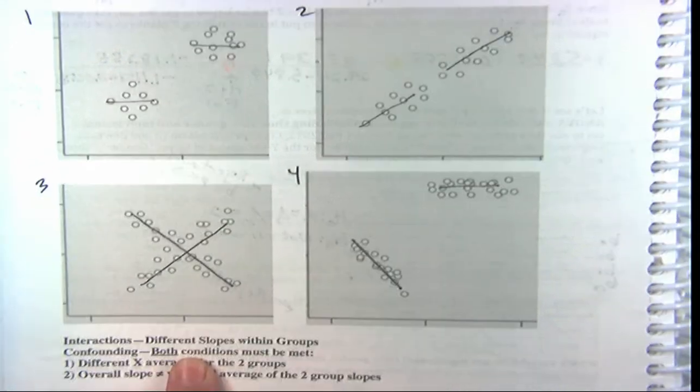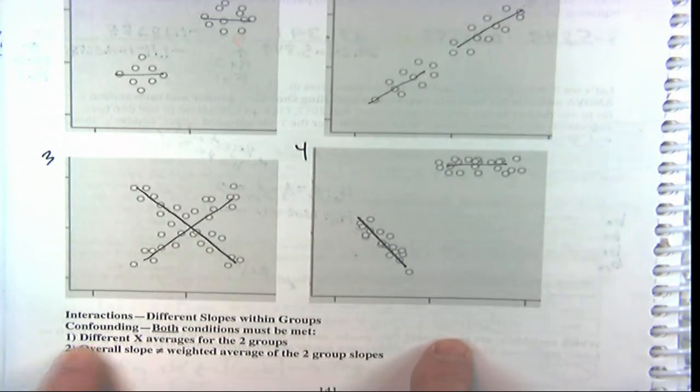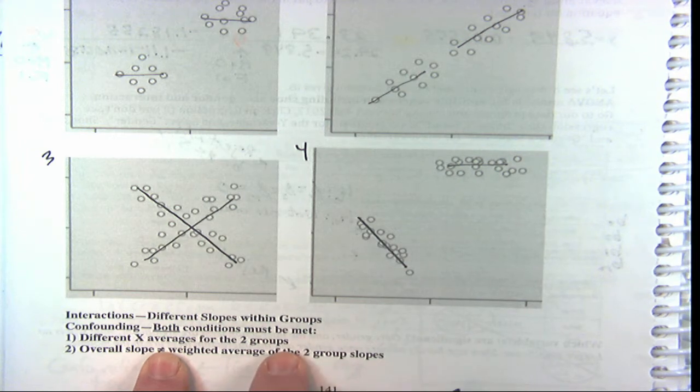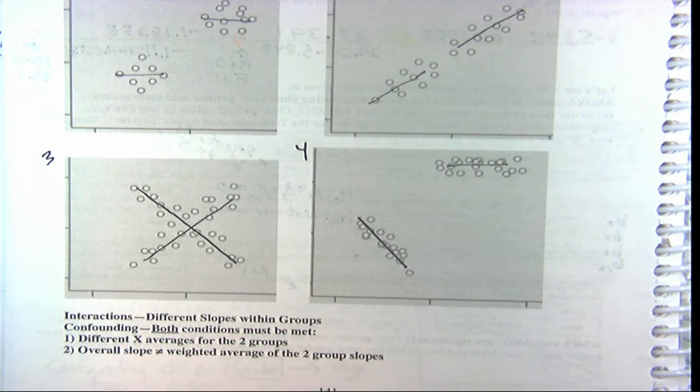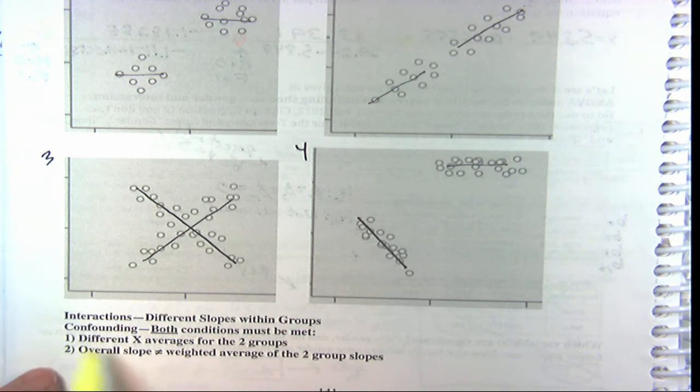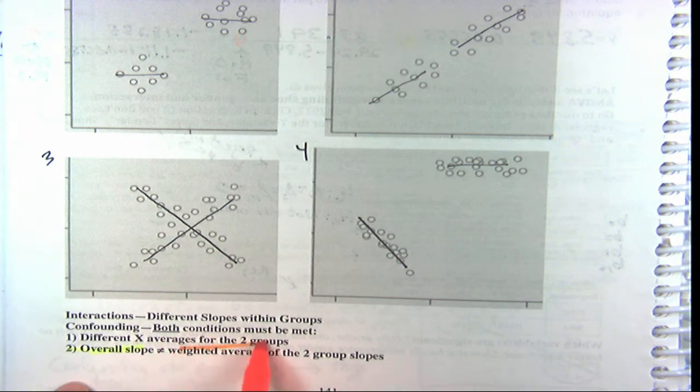First of all, let's look down here, and it says interactions are different slopes within groups. Now, confounding says both these conditions must be met: different x averages for the two groups, and that the overall slope is different than the weighted average for the two groups. So let's draw them in.